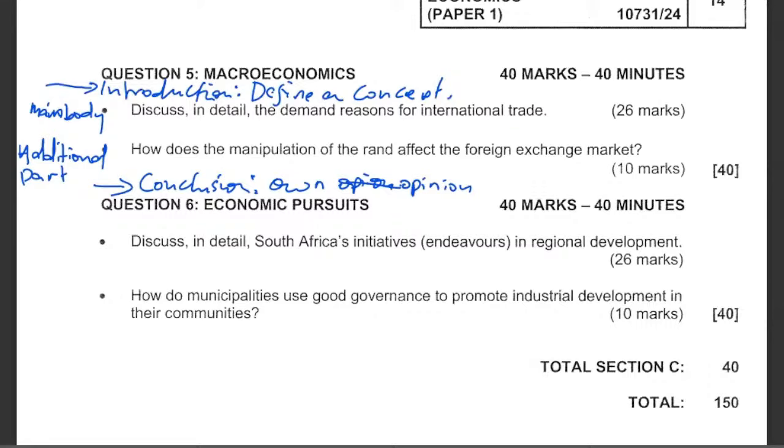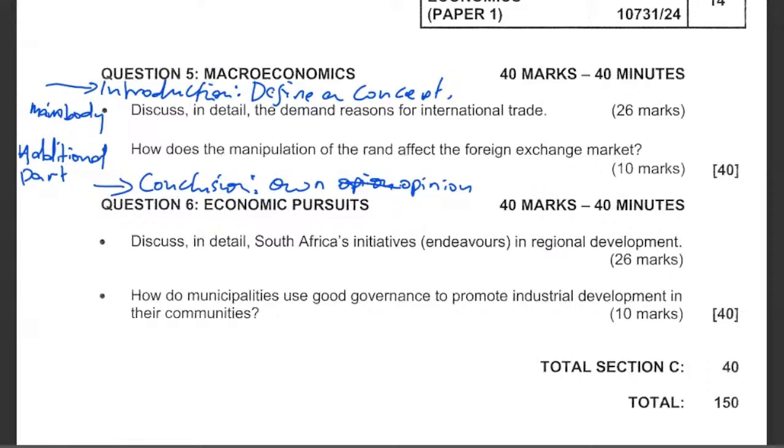So now let's check the main body of 26 marks. It says discuss in detail the demand reasons for international trade. The demand reasons are the level of economic development and income, the differences in consumption patterns by the household, different consumer wants, tastes or preferences, and international migration.